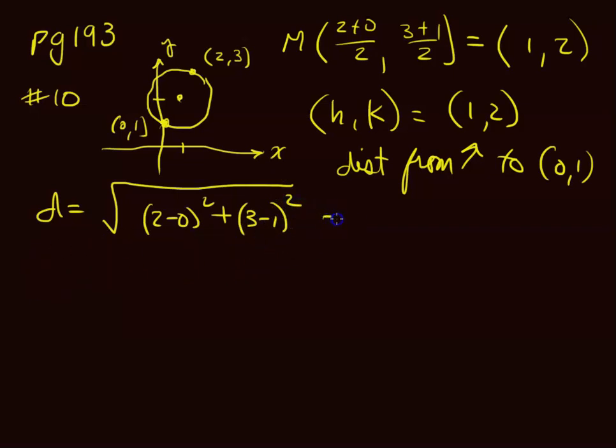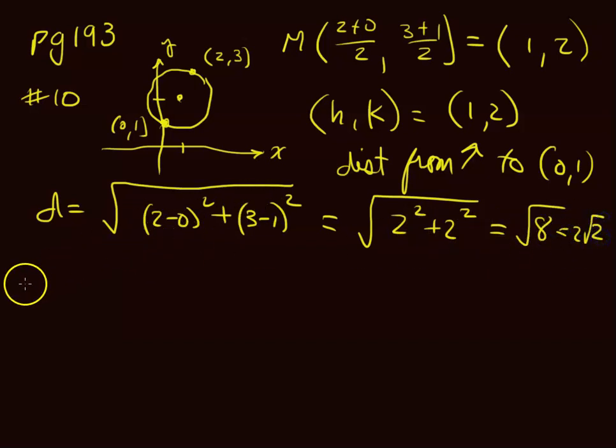So the distance is the square root of 2 squared plus 2 squared. So it's really the square root of 8, because this is 4 plus 4, which we can write as 2 times the square root of 2. So the radius is 2 times the square root of 2.